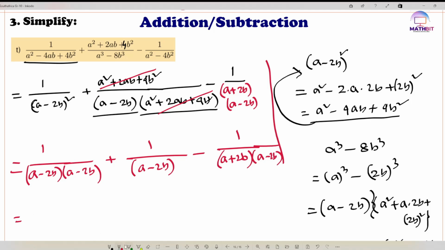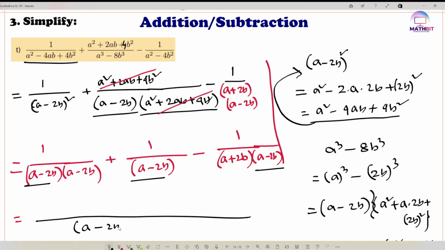Okay, now we will make LCM. So LCM is a minus 2b, a minus 2b, we can take this one, a minus 2b. Again here is 1 a minus 2b, we can also keep this one, and finally a plus 2b.